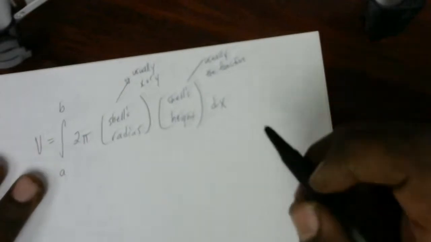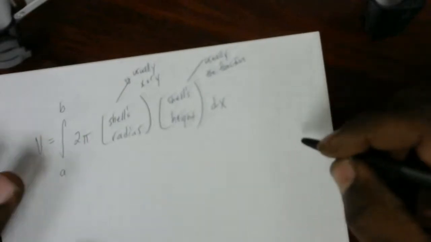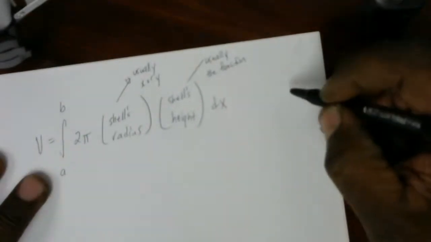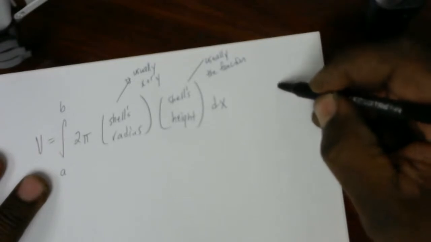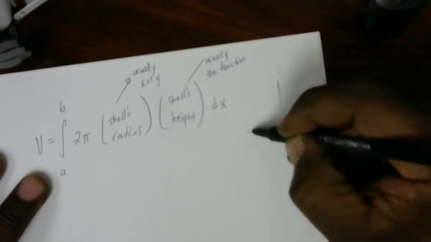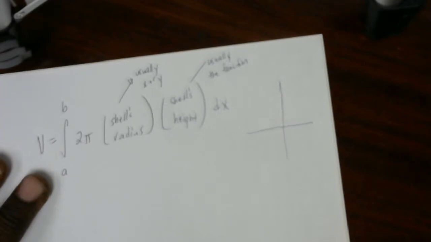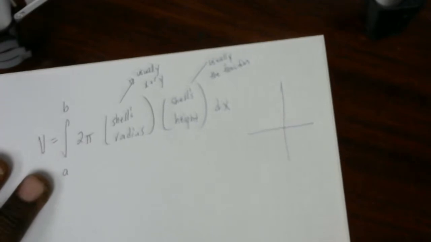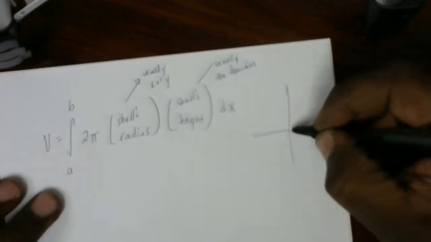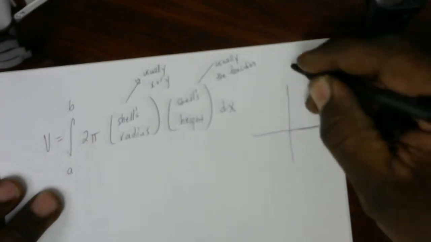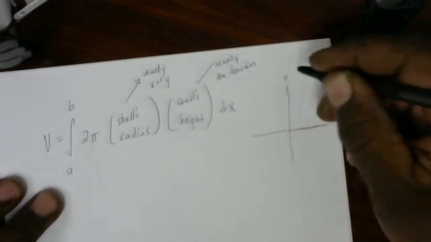Because if you think about a shell, I'm going to make a sketch over here. And I'm going to go back to the problem for just a second. If you rotate a shell about the y-axis, here's how this sort of works.